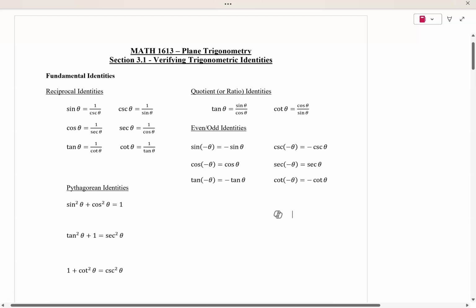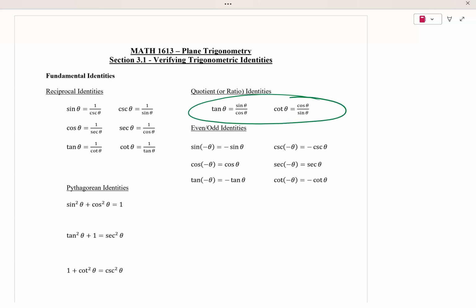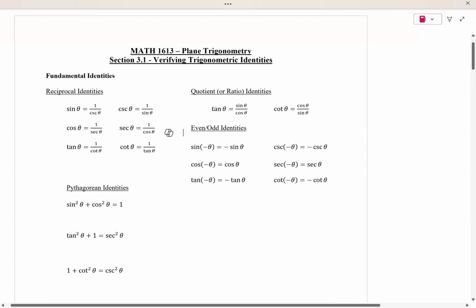Quotient or ratio identities, notice that that is just the definition of cotangent and tangent. So we have tangent is equal to sine over cosine, and cotan is equal to cosine over sine. Even and odd identities, remember we talked about how cosine is an even function.